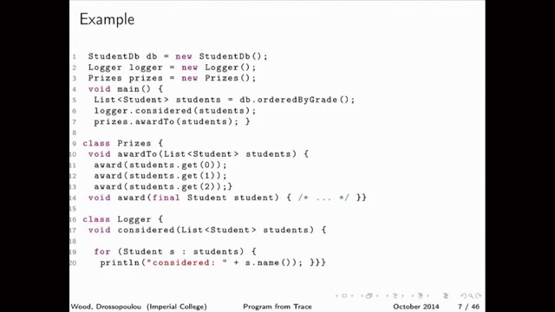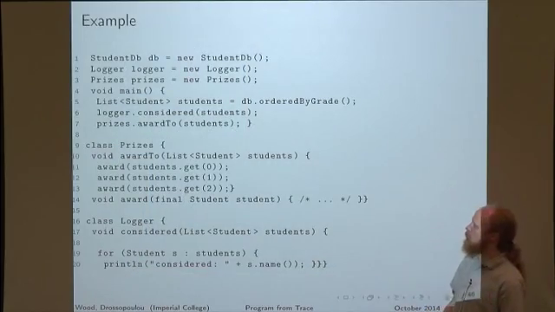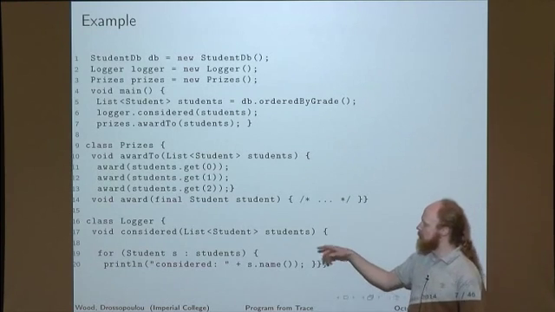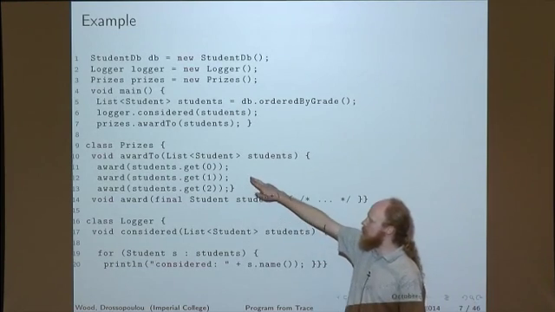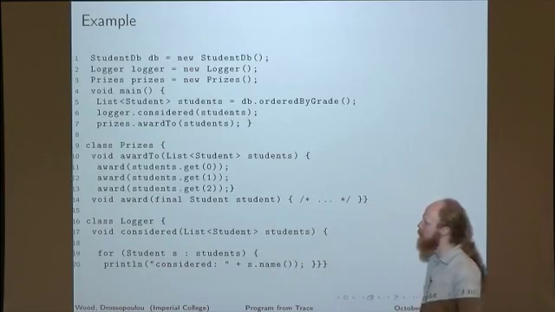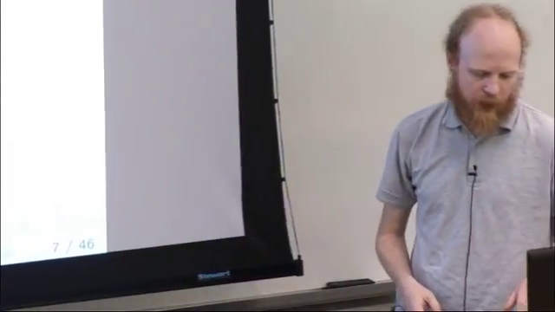So this is a kind of small example program that gets a list of students from somewhere, from a database, and via some calls eventually tries to award a prize to the top 3 students in the list.